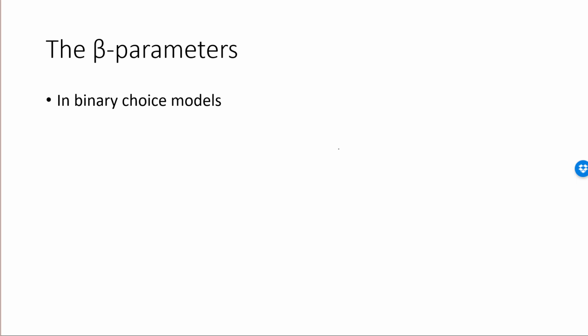In the binary choice models, the change in the probability that y is equal to 1 when one of the x variables changes a little bit is the derivative of this f function times the beta parameter. Now this is obviously unknown, both because we don't know zeta and also we don't know beta. But we have estimates of both of them, so we can estimate this marginal effect.